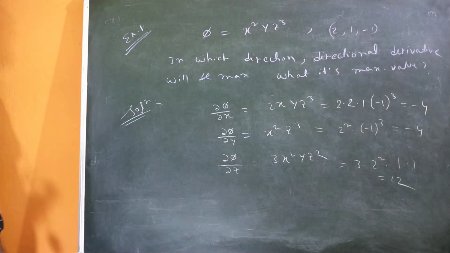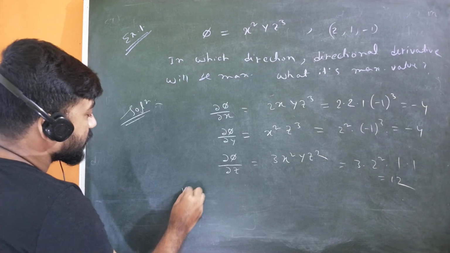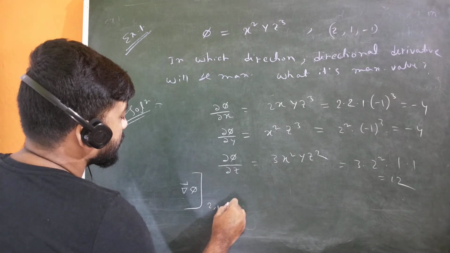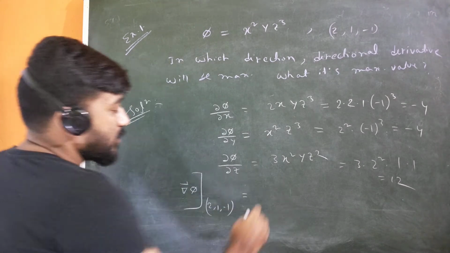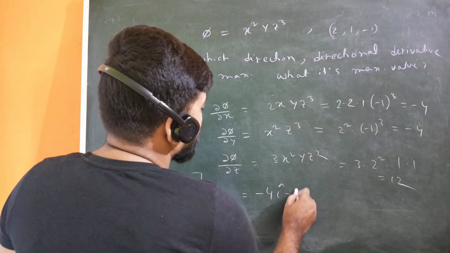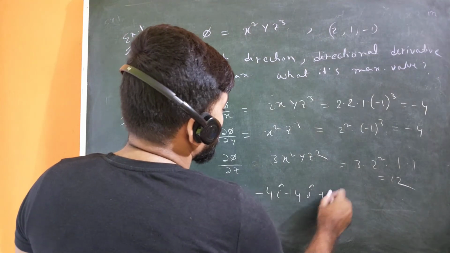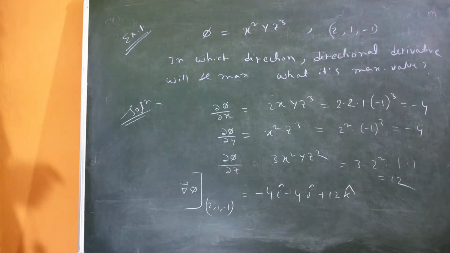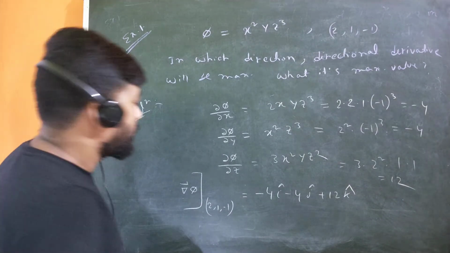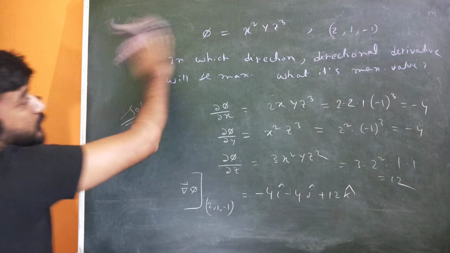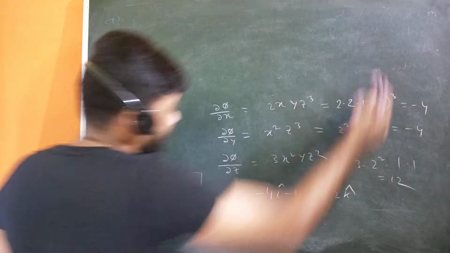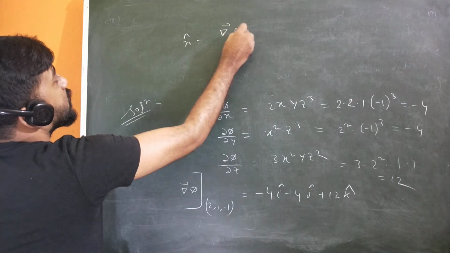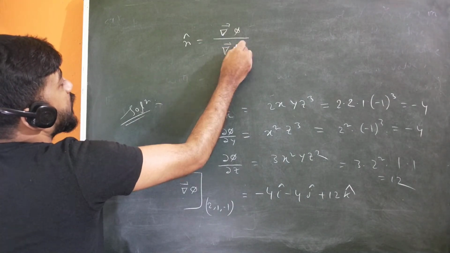So grad φ at this point (2, 1, -1) will be just -4 i cap -4 j cap plus 12 k cap. So this is the gradient of φ, and in which direction? The direction will be n cap. If you want to find the direction, then you have to find n cap, and n cap will be grad φ divided by mod grad φ.